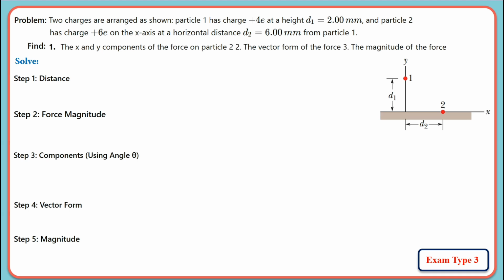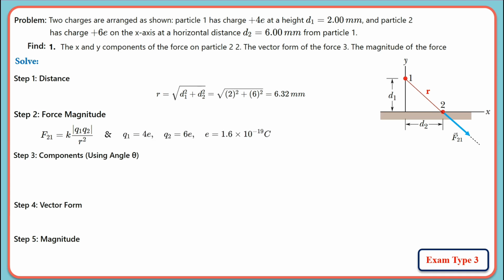Let's solve step by step. First, we calculate the distance between the two charges using the Pythagorean theorem. This gives us r equals 6.32 millimeters. Next, we calculate the force F21 using Coulomb's law.